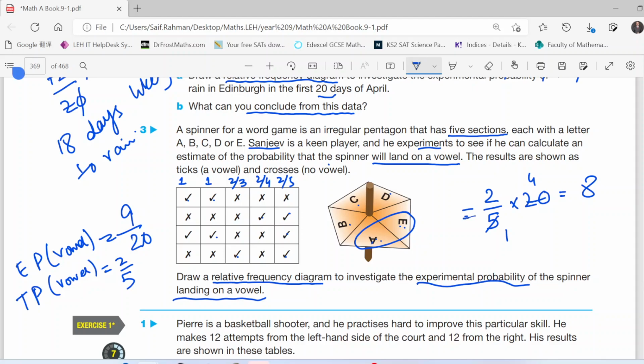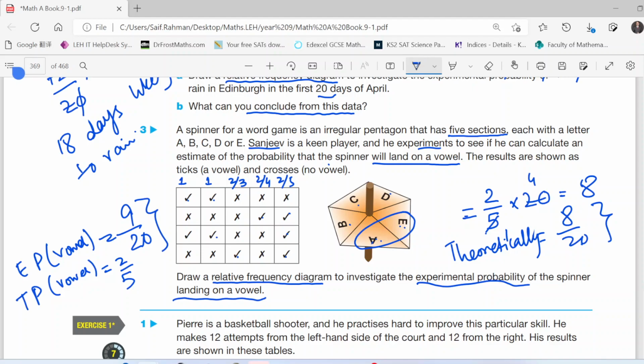The theoretical probability says that 8 times it should land on the vowels, whereas actually it is landing 9 times, right? So 8 out of 20 times it should land theoretically. The theoretical result shows 8 out of 20 times it should land, whereas practically it has landed 9 out of 20.